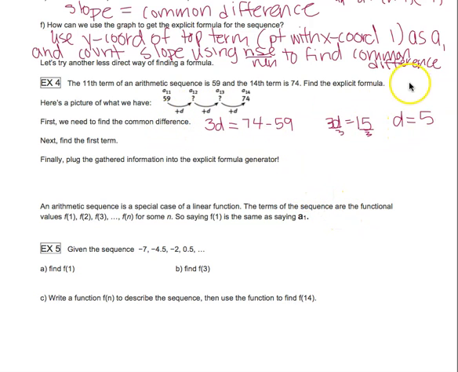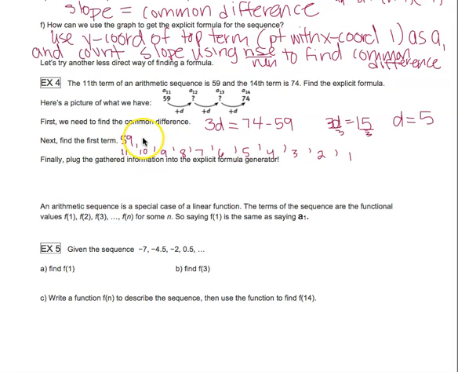But if I am at 59 and I am working backward, that means that if this is the 11th term, 10th term, 9th term, 8, 7, 6, 5, 4, 3, 2, and finally my first term, I'm just going to get by counting down by fives.